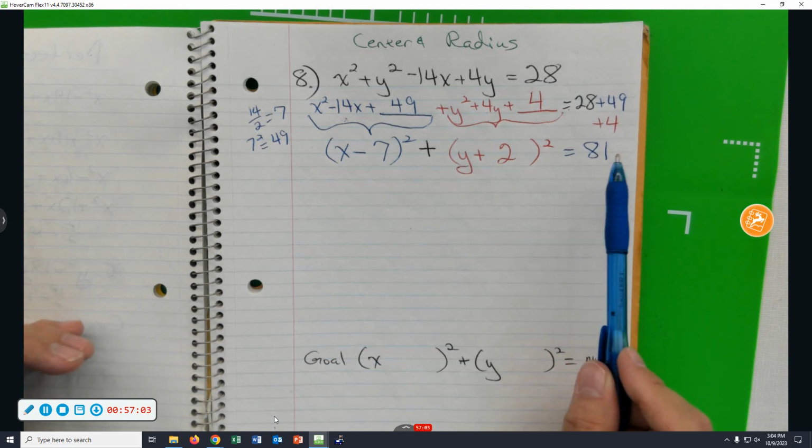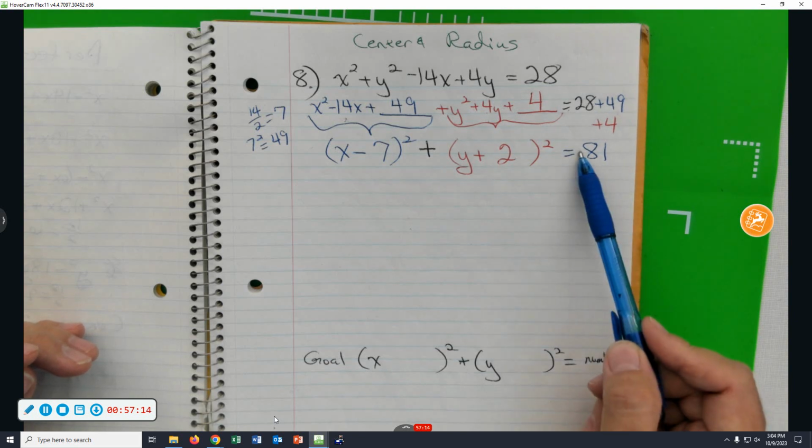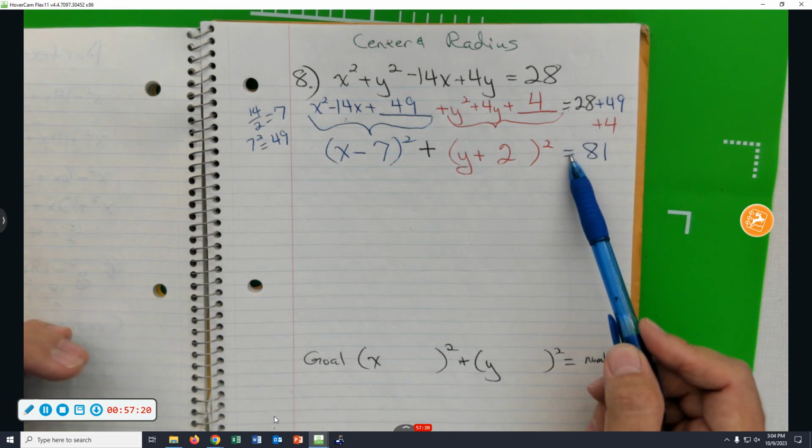That brings up an important point. I said we had to have a number over here. We can be more specific. We have to have a positive number over here. You can't wind up with a negative number on the right-hand side, because the square root of a negative number is imaginary.